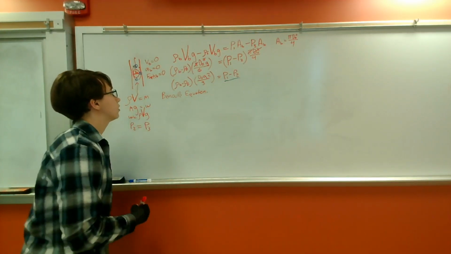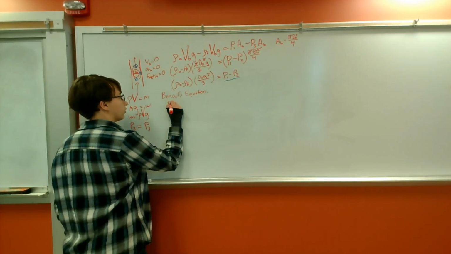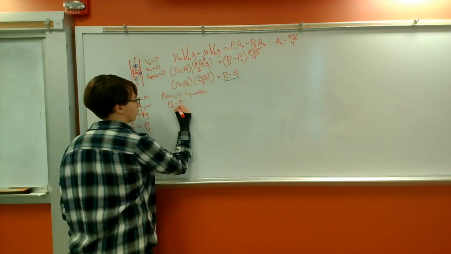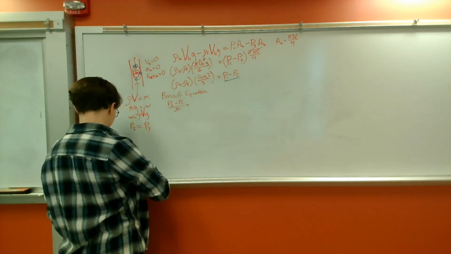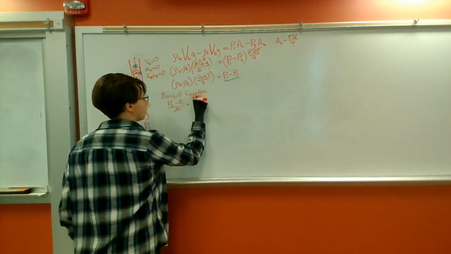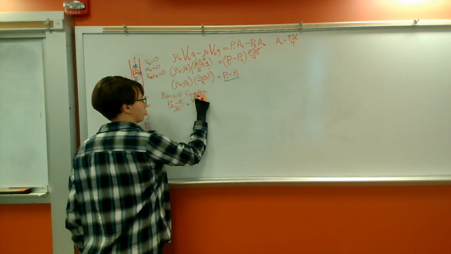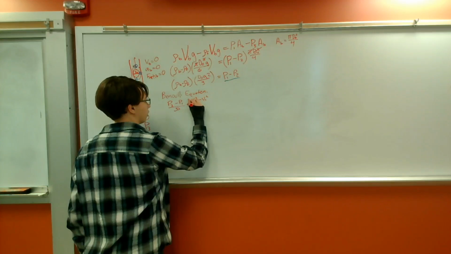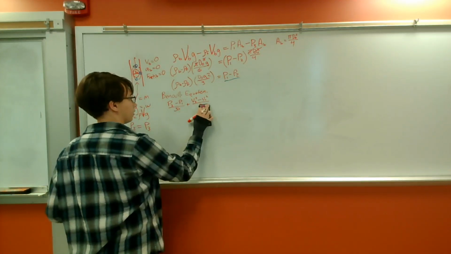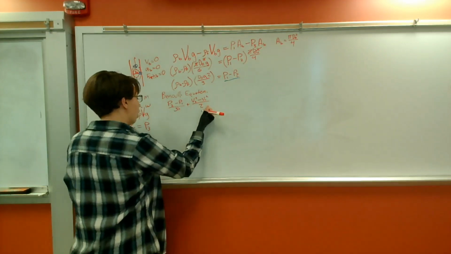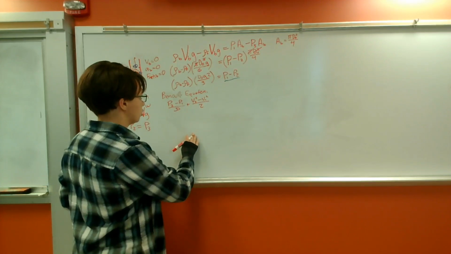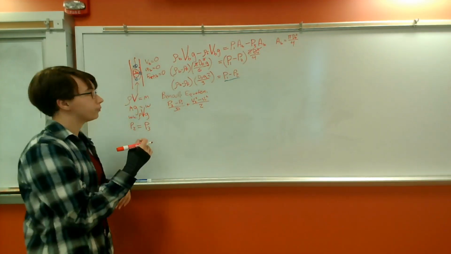In Bernoulli's equation, we've got the pressure at 2 minus the pressure at 1 over the density, plus the velocity at 2 squared minus the velocity at 1 squared over 2.